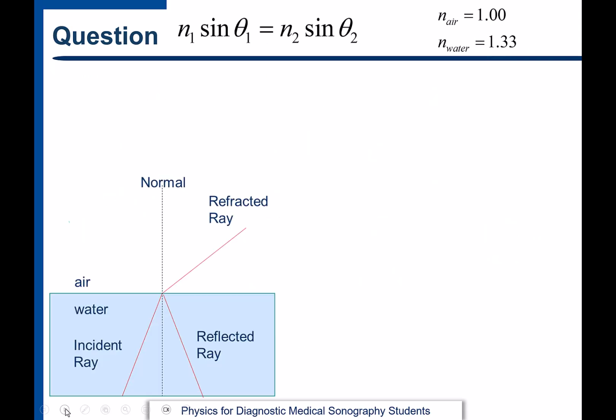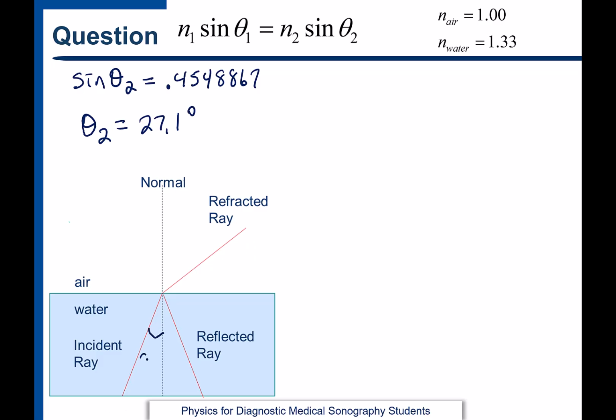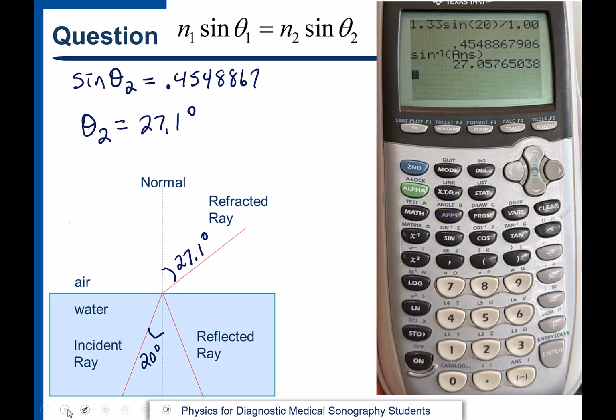When you calculate that, what you should get is sine theta 2 is equal to 0.4548867, and then we take the inverse sine to get that theta 2 is 27.1 degrees. So again, what we found is that if this angle is 20, this angle is 27.1 degrees.